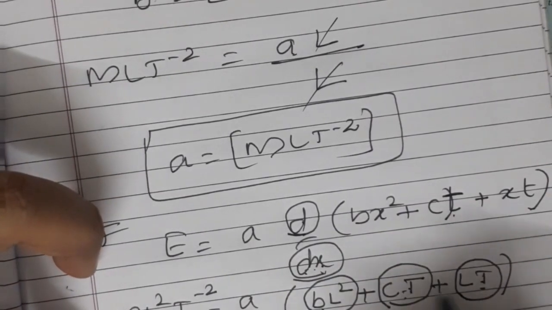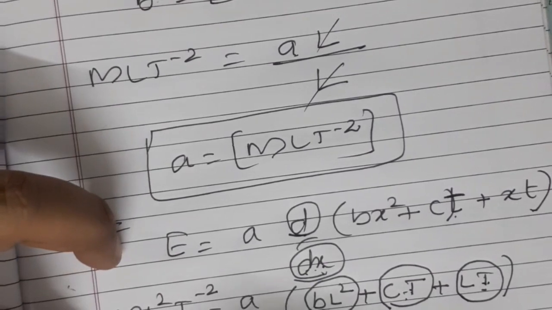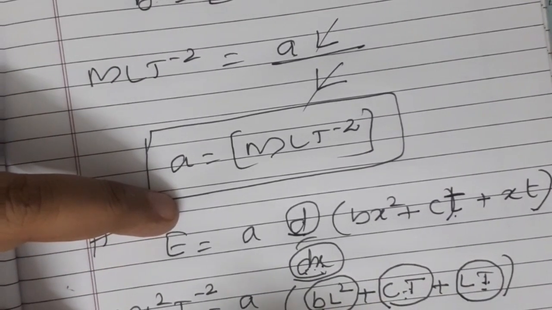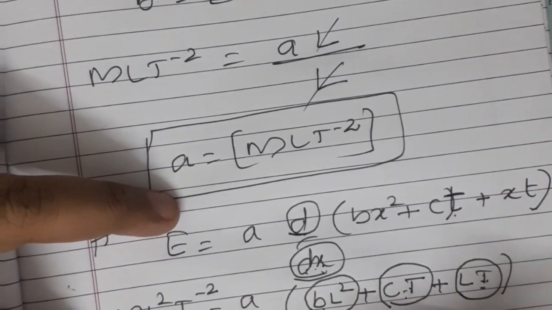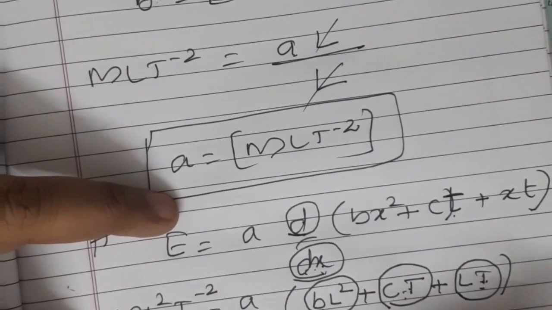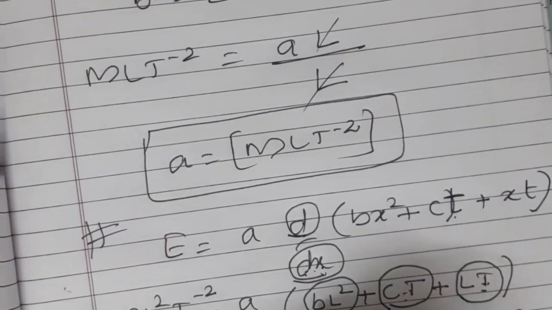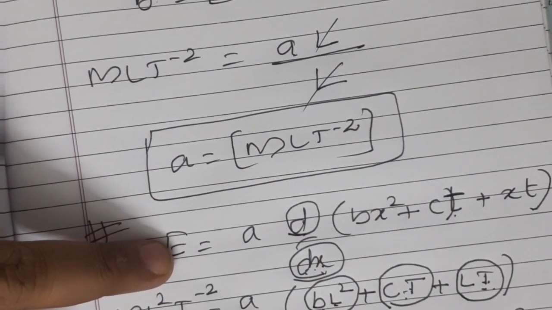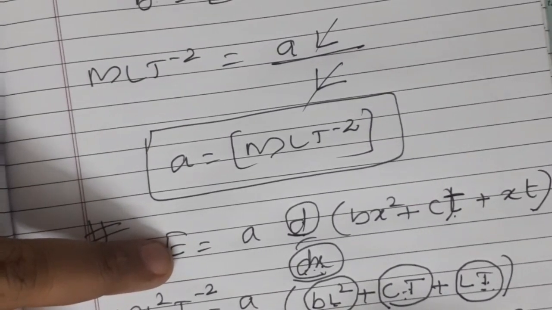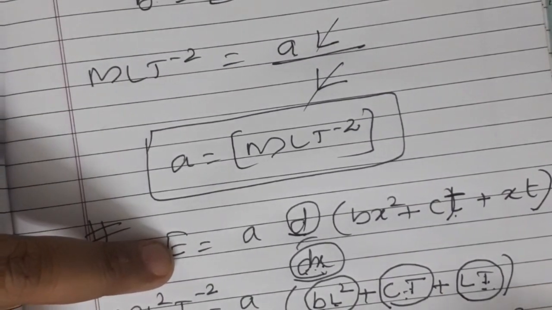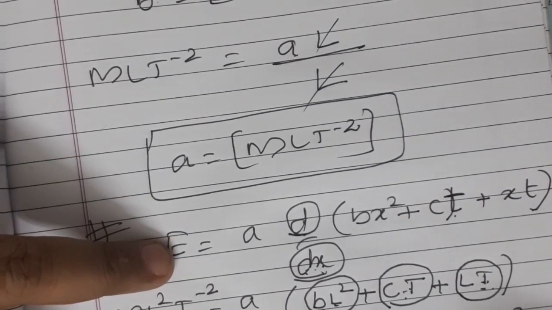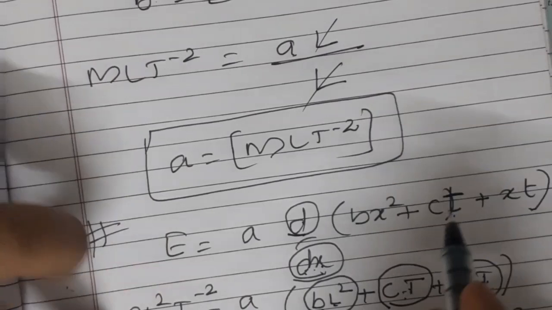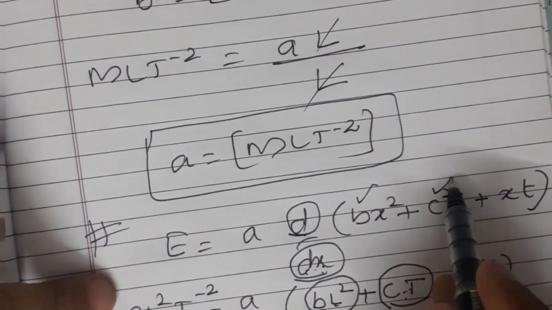So if I compare these two terms, first ct is equal to LT. So I get c is L, T will get cancelled out. You are left with M⁰L¹T⁰. Now second term, if I compare this bl² with LT, so I will get b is equal to L⁻¹T and M will be 0. Now we have got the dimensions of b and c.